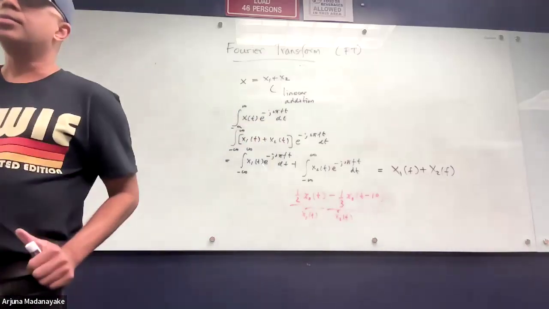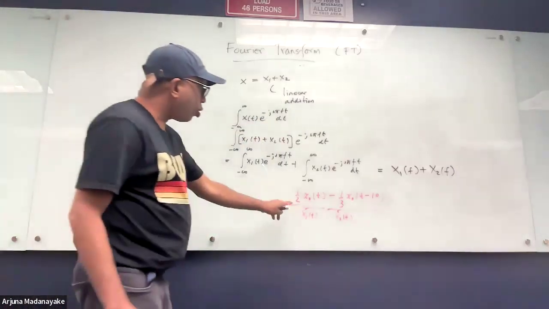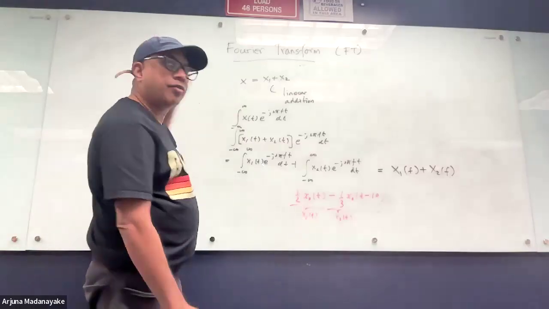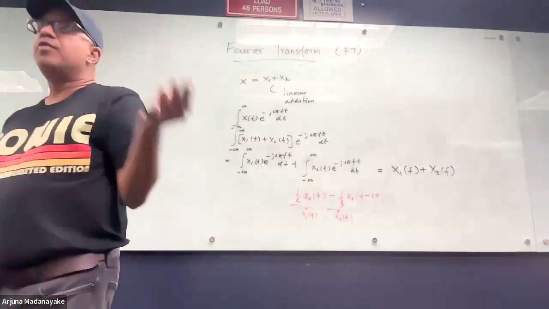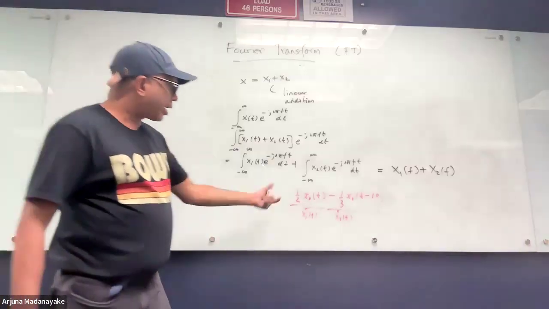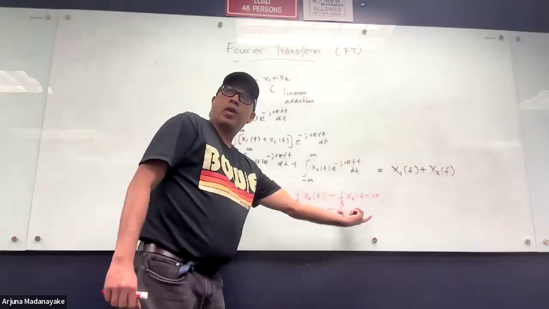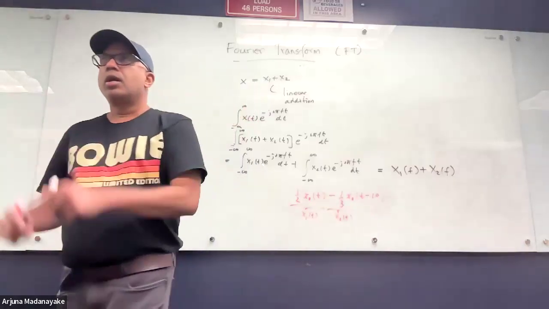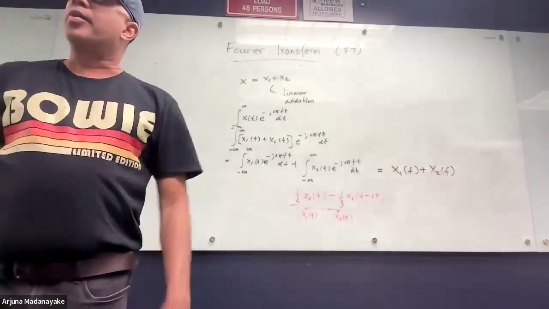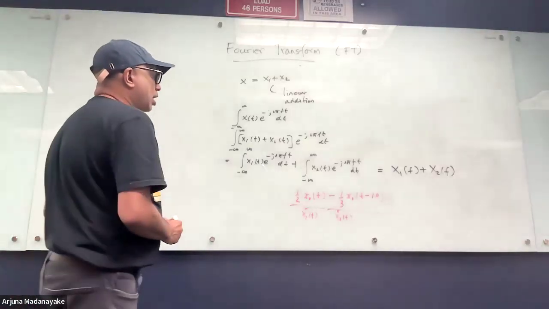Two components. So if I know that the total Fourier transform is the sum of the individual Fourier transforms, I can find the Fourier transform of this part separately, find the Fourier transform of the second part separately, and add them together, right? Which is exactly what I'm going to do.